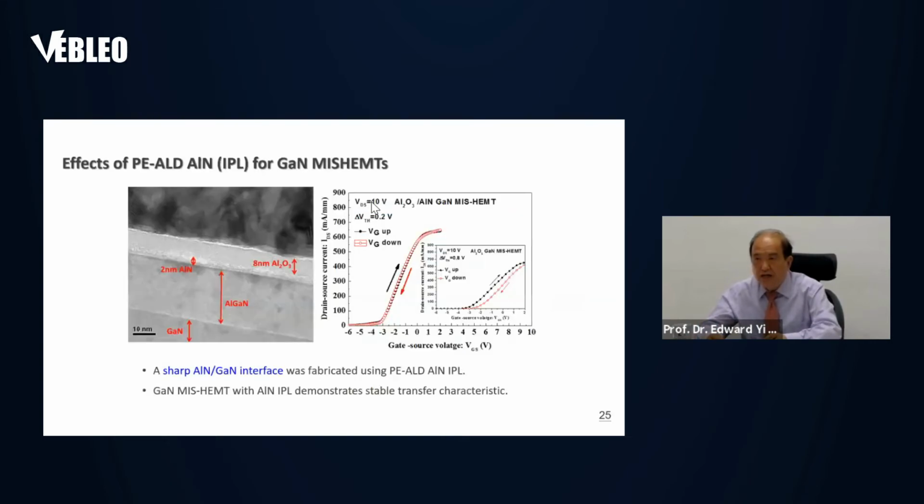And this is after you use aluminum nitride and aluminum oxide, and you can see the hysteresis of the IV curve. From the TEM you can see the sharp interface using this PEALD aluminum nitride, and then you can see very good stable transfer characteristics without hysteresis.